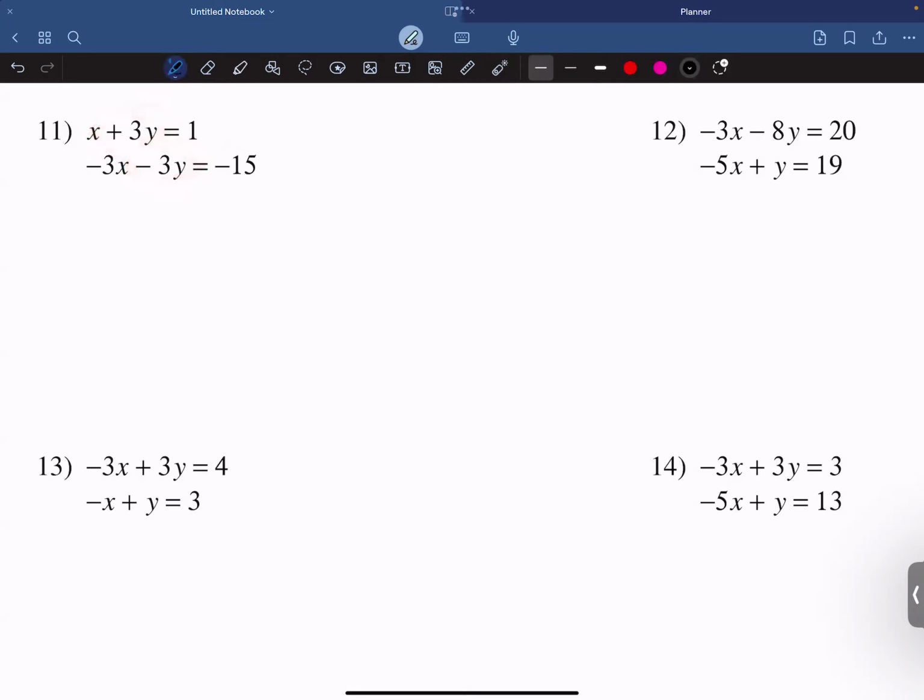So already, if I add both of these equations together, I'm going to get negative 2x equals negative 14 because my plus 3y minus 3y becomes 0. Now, I divide both sides by negative 2. I get x equals 7.